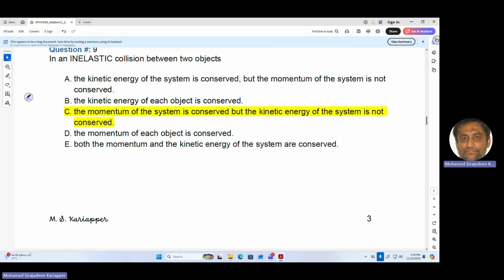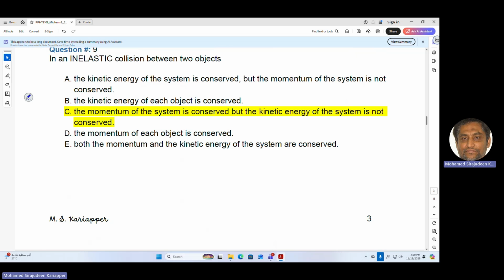But actually, something is either elastic or inelastic. Okay, but perfectly inelastic is there. That is a legitimate one. That means when they combine and lock together, that is perfectly inelastic.